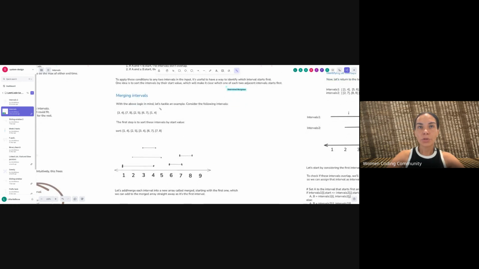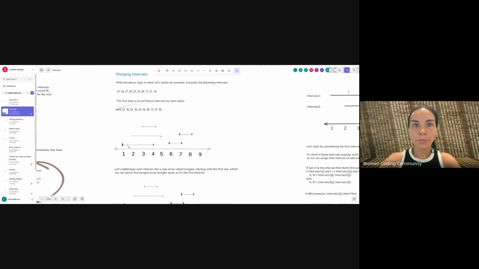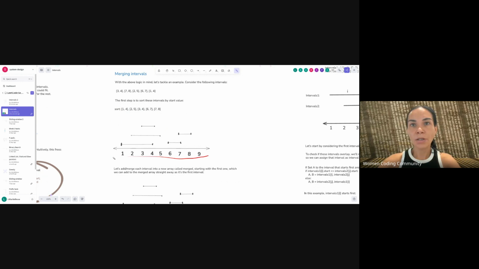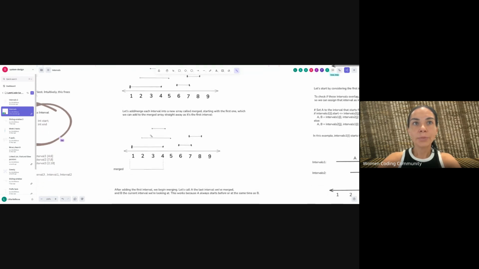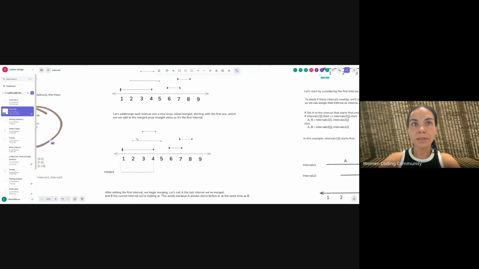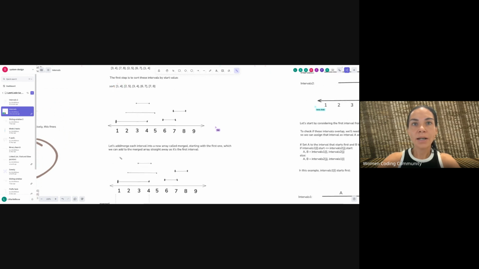So with the above logic in mind, let's tackle an example. Consider the following intervals. We sorted them by start. Here we have our time intervals. This will be our first interval, second and third. At the beginning, we take our first interval as the one which is already ready.